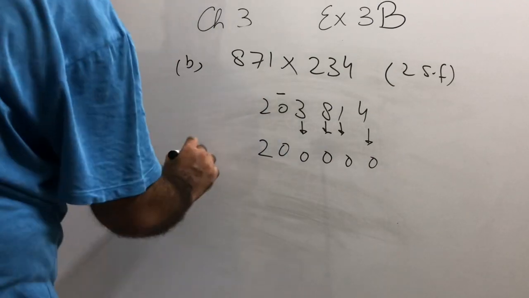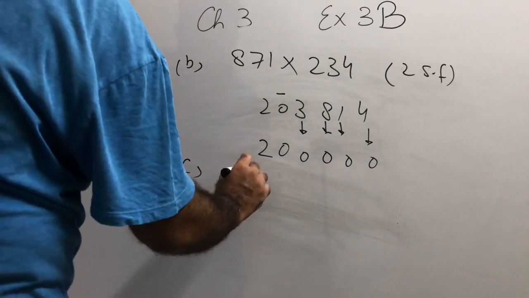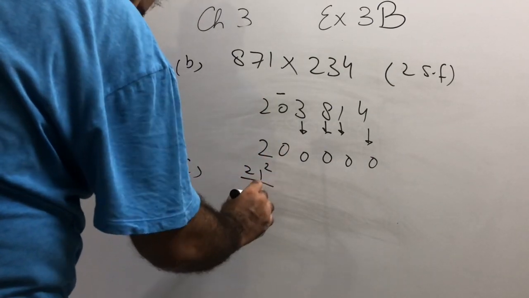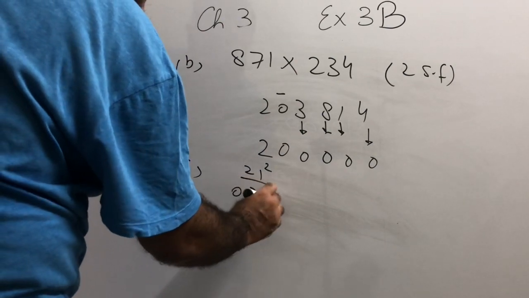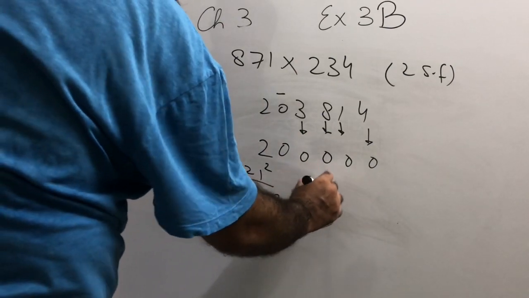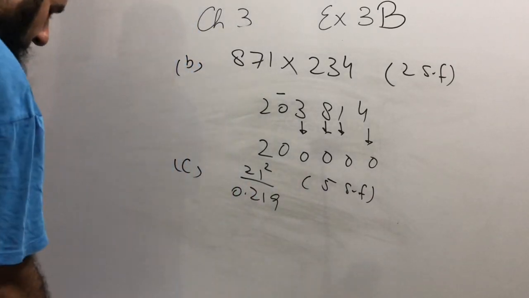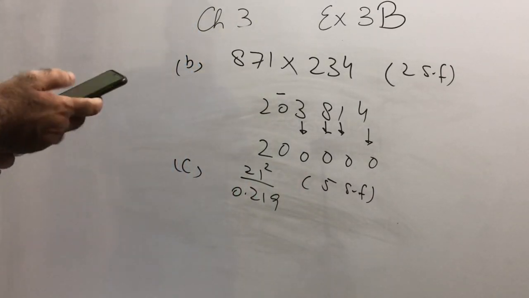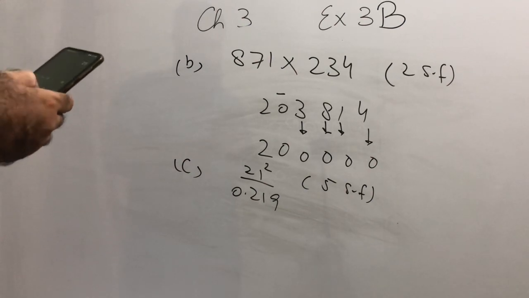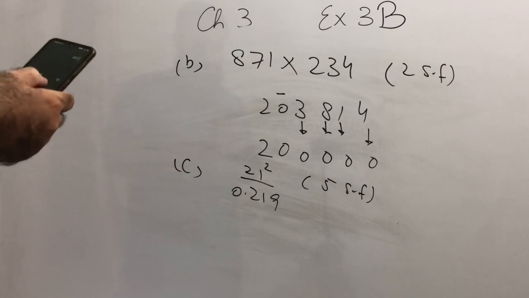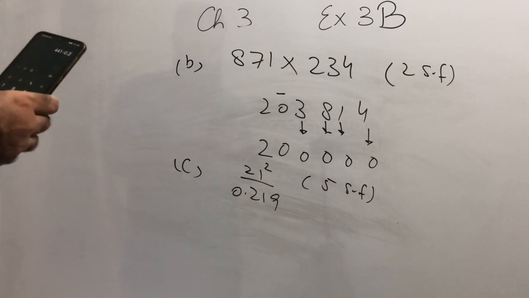Okay, part C is similarly, we have 21 square over 0.219. We need it to 5 significant figures. Okay, so we will use a calculator first. We'll do 21 multiplied by 21 divided by 0.219.